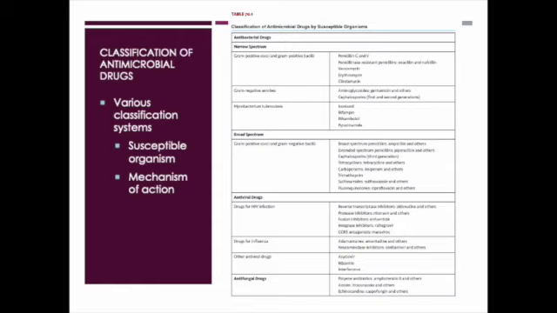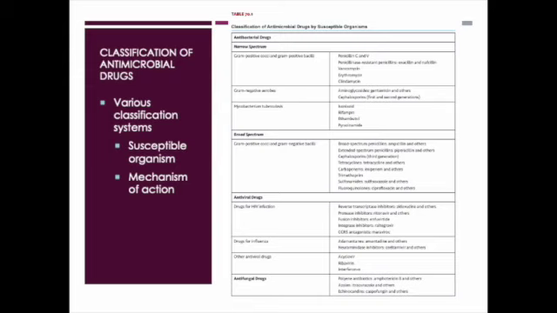When we use the term antimicrobial, this is defined as any drug, agent, natural or synthetic, that has the ability to kill or suppress microorganisms. So if we use this definition, there's no distinction that needs to be made between compounds produced by microbes and those that are made by chemists.